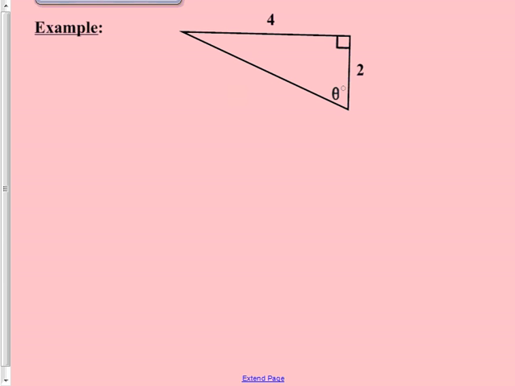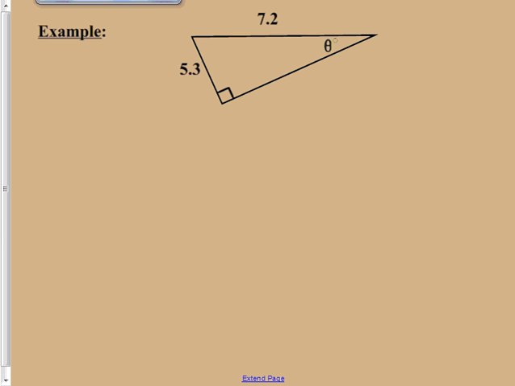If you look at the two side lengths that you do know, you have opposite and adjacent. Opposite and adjacent, that's going to be tangent. So we're going to end up with tangent of theta. When it comes time to split the tangent and the theta apart, you're going to use arctangent. Just use the example that we just worked as a template to help you get it done.